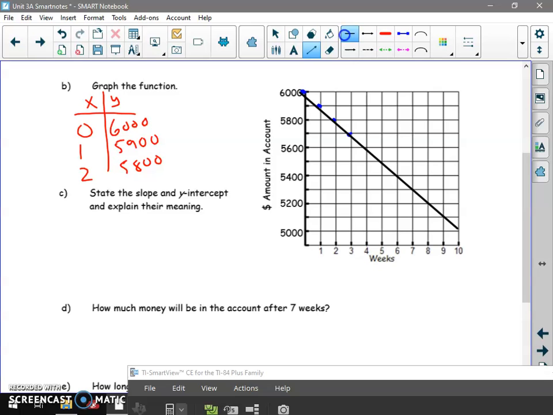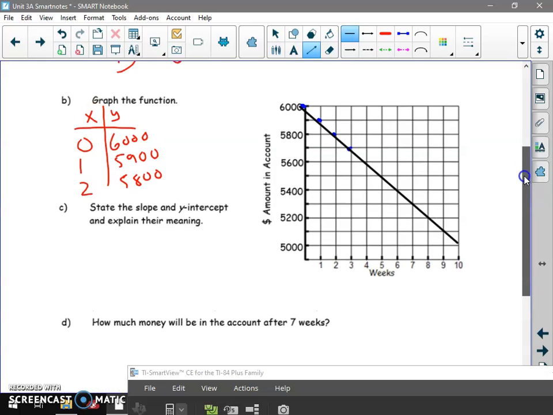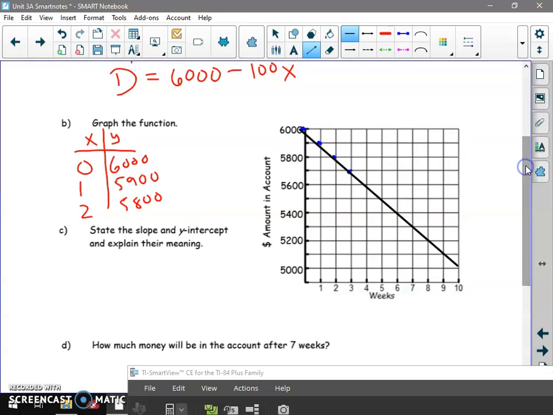There's the graph. Now let's go back to our equation. And we always said the slope is the one next to the x. So m equals negative 100, because it's y equals mx plus b. And what does that mean?